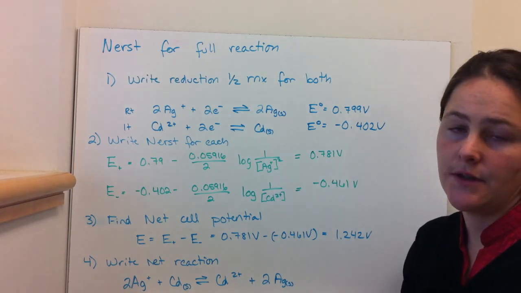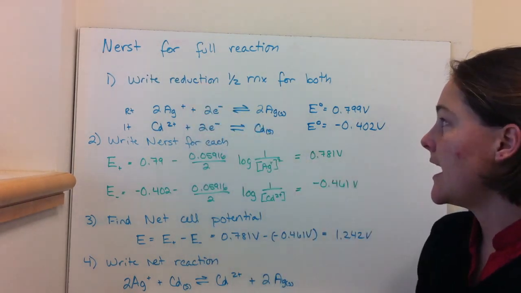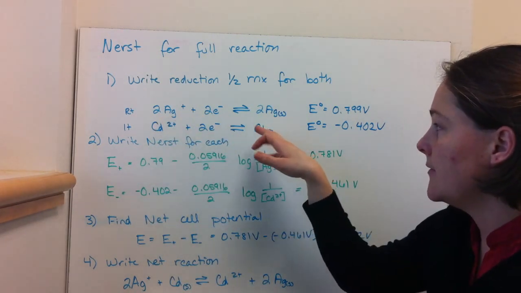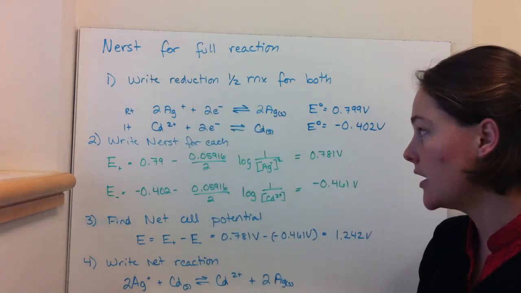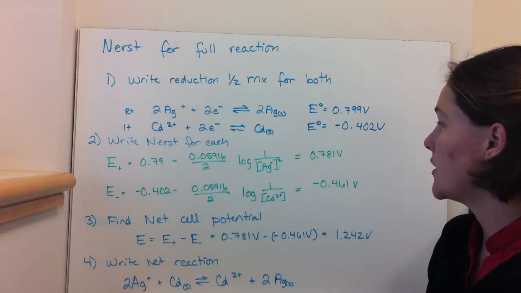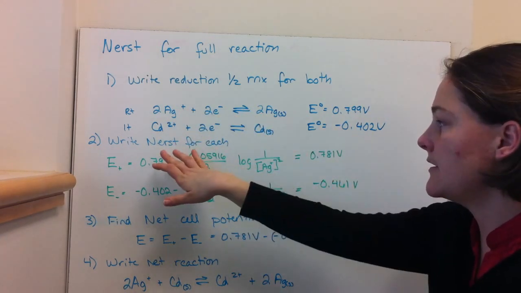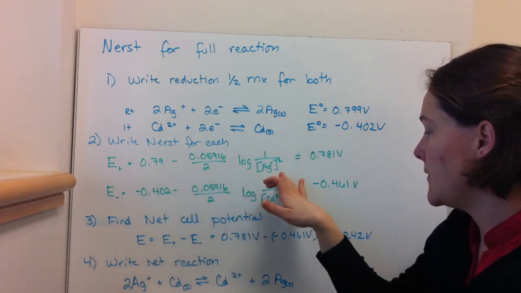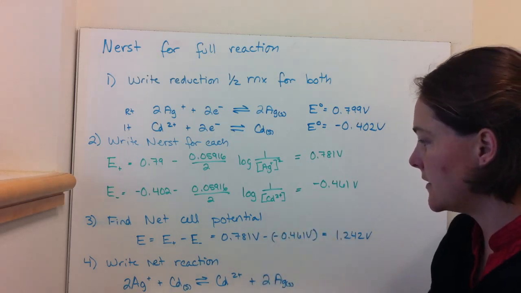So you can also use the Nernst equation for a full reaction. The first step is just to write the half reactions for both, where these are the reduction equations, like what you can look up in the book, where they're gaining electrons. Then you write the Nernst equation for each, and you can solve it individually, where it depends on the concentration of silver and cadmium in solution.